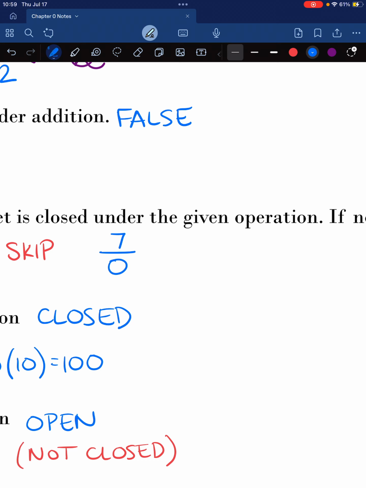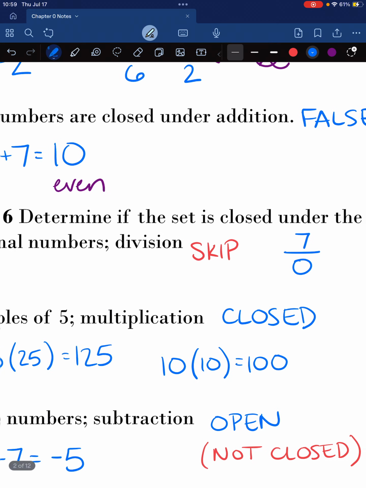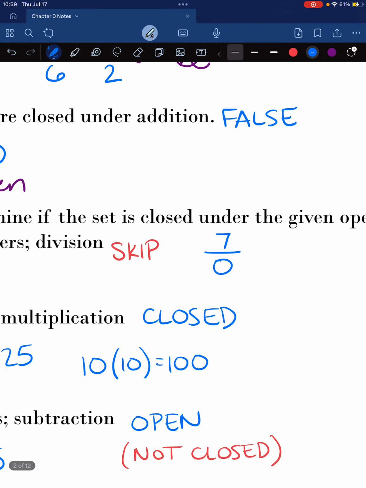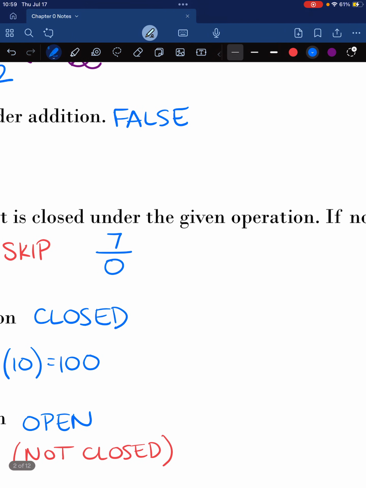The interesting thing is, and the reason that typically we do still say that rational numbers are closed under division, is because there really isn't even an answer to this problem. You end up in a calculator, it'll tell you have an error. Typically in math, we say that this value is undefined.